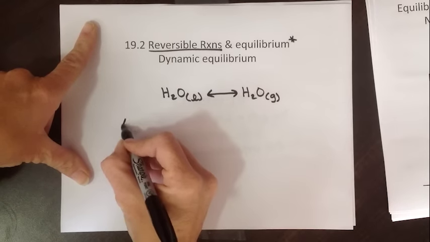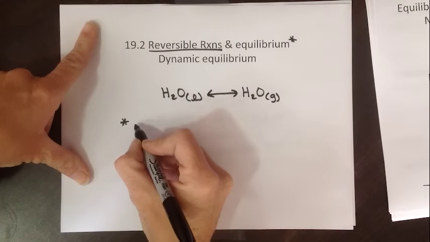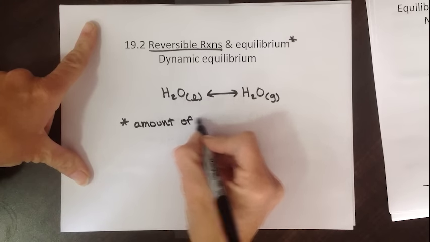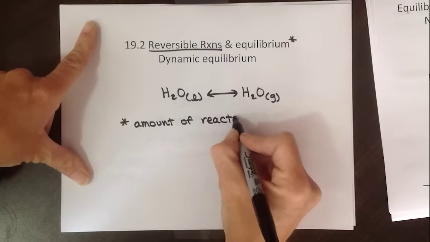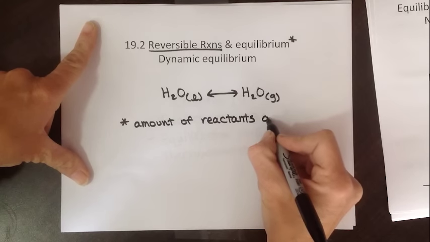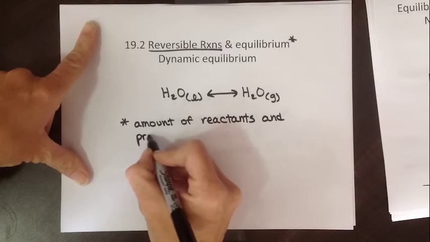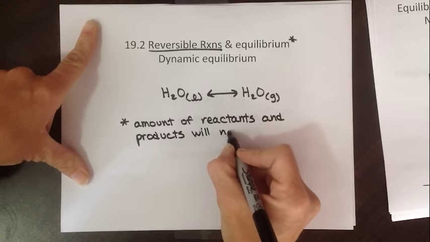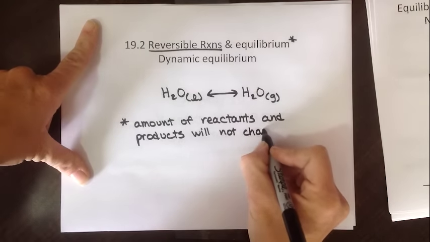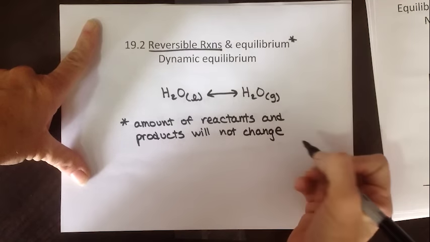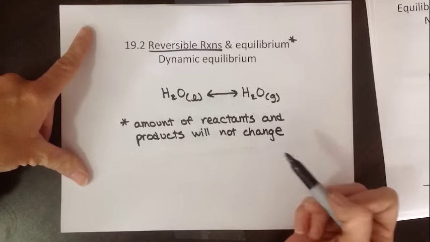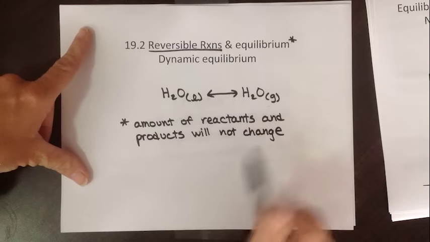Equilibrium means at some point the amount of reactants and products will not change. So it'll reach a point where if you look at how much gaseous water is in a closed container, it'll be the same because there's a lid on it, no matter if you look now or in 2 days.